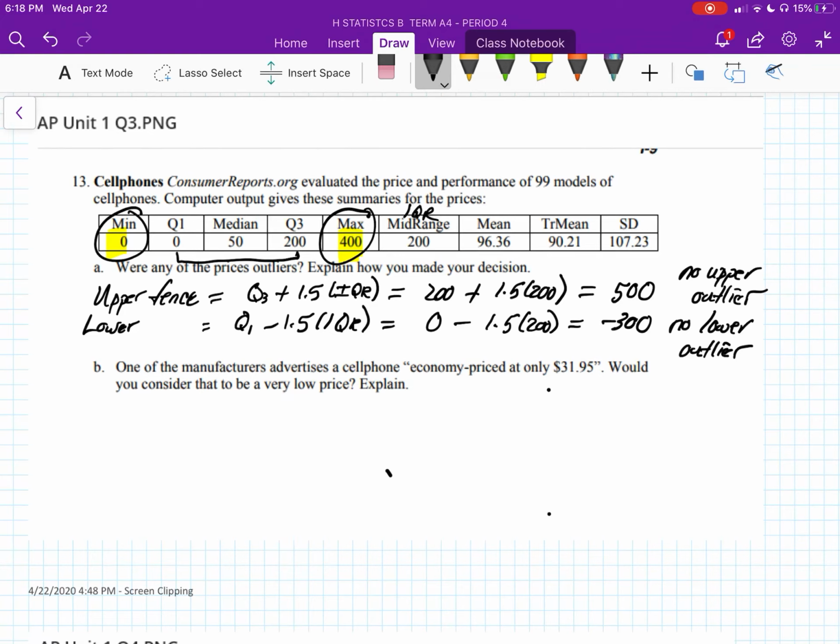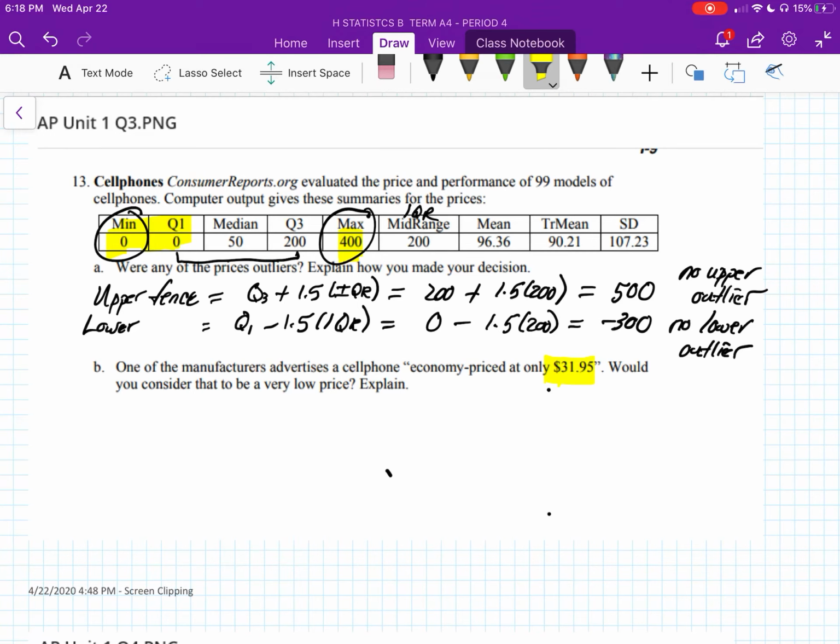They're asking you, if the manufacturers advertise a cell phone priced at only $31.95, would you consider that to be a very low price, and explain? Well, if we look here at our data, 25% of the phones are free.